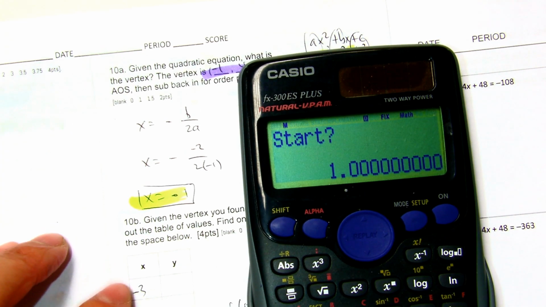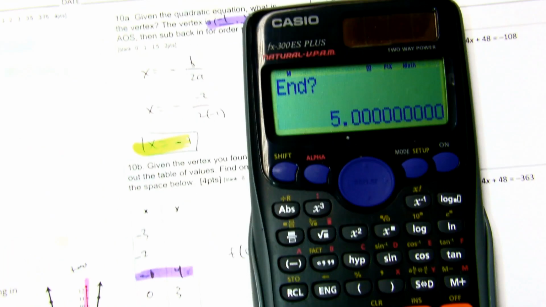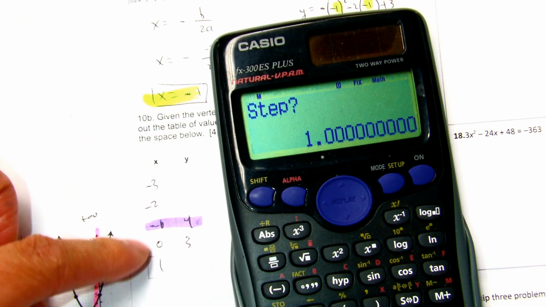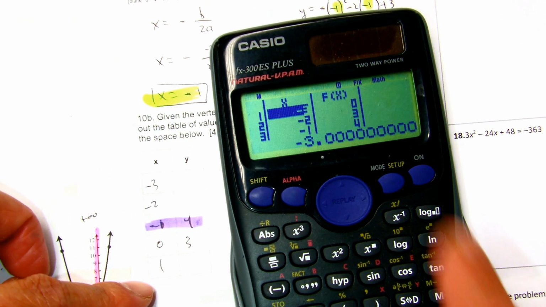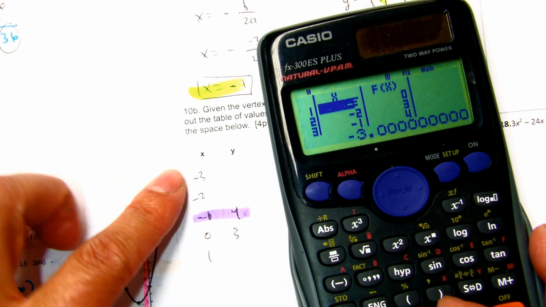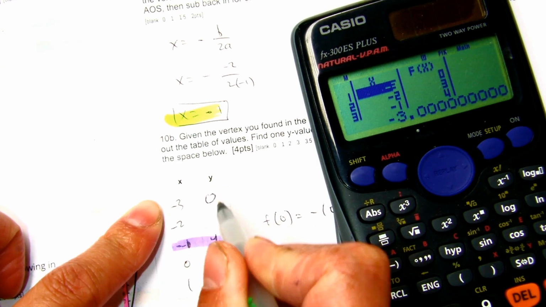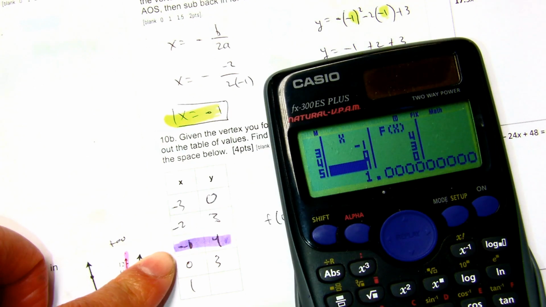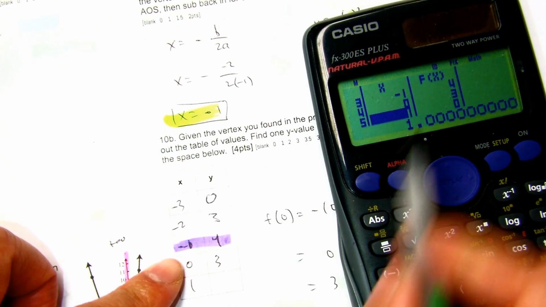You must start with the smaller number, so that would be -3. Where do you want to end? We want to end at 1. Press enter. The step is how they are going, so it's increasing by 1. And then there is my table of values. (-3, 0), (-2, 3), (-1, 4). Press down. (0, 3), and (1, 0).